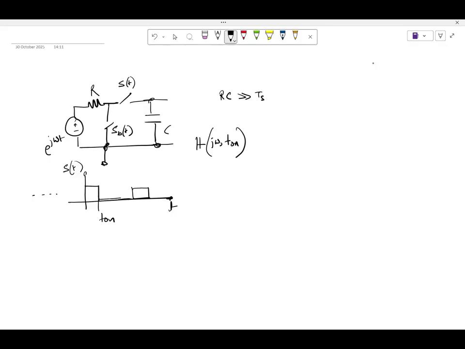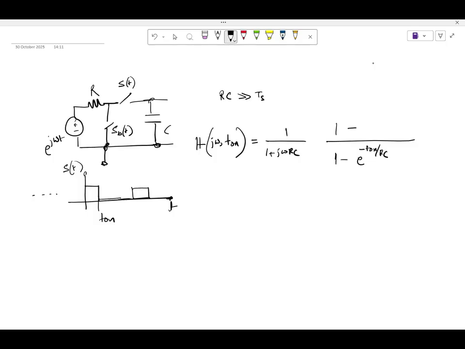So at t_on it was 1 by 1 plus j omega RC, which is the case you get in an LTI low pass filter, times some extra stuff. This is 1 minus, and here you get e to the power minus t_on over RC.